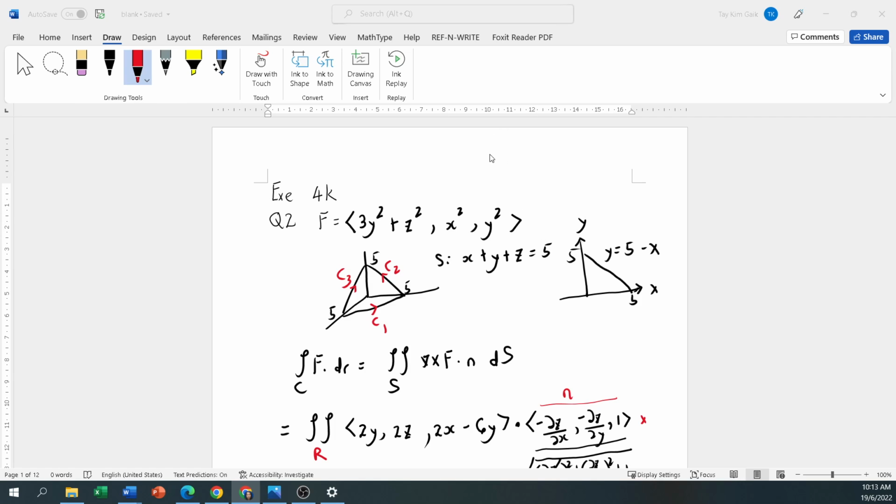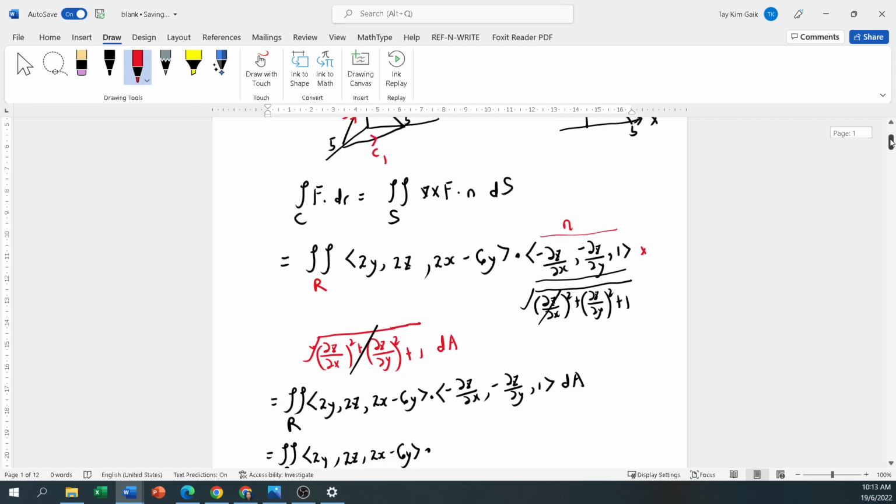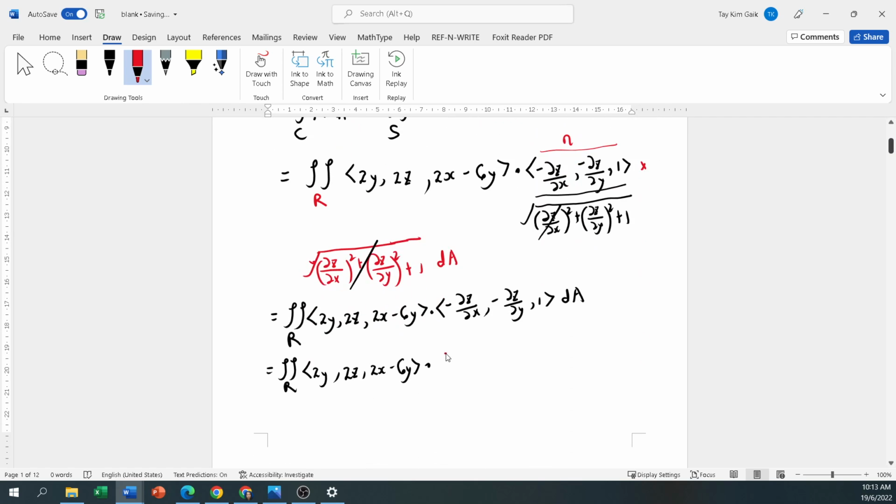To get the z from here, z is pi minus x minus y. So z_x is negative 1, z_y is negative 1. Then negative ∂z/∂x you got positive 1, negative ∂z/∂y you got positive 1. So dot with positive 1, positive 1, positive 1, dA.